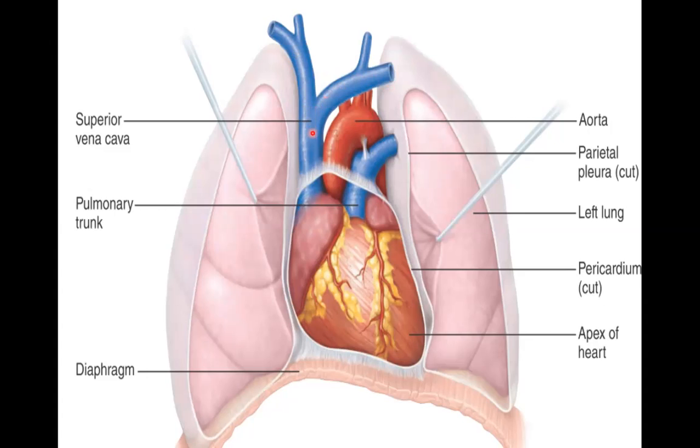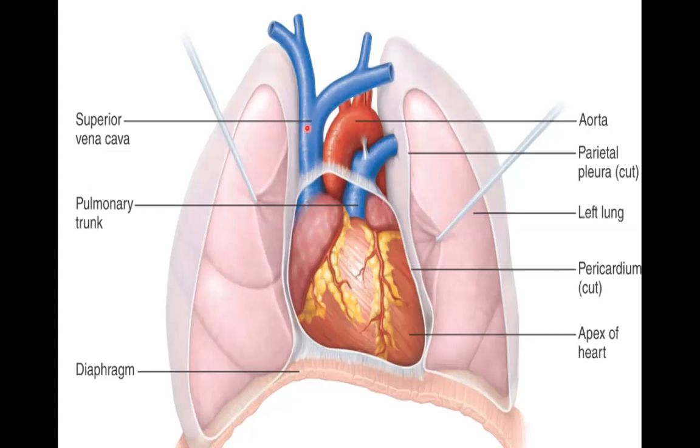The superior vena cava is 7 centimeters in length, approximately 3 inches, and its diameter is 1.3 centimeters, about half an inch, and it is one of the great veins that has no valves in our body.